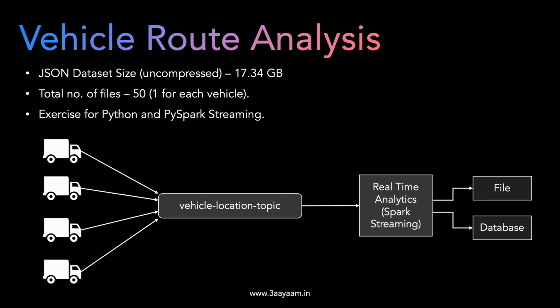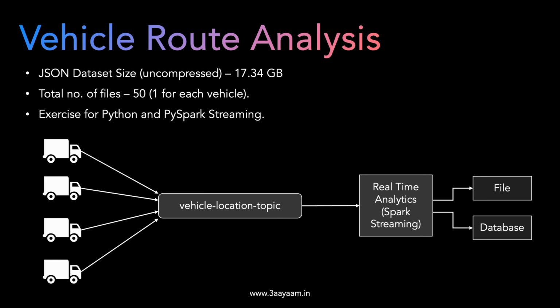Each vehicle would have a GPS tracker. So whatever vehicle you are using, whatever trucks you are using to send any material, petroleum products, retail material, etc., they will have a GPS tracker and they would send their location to a Kafka topic every now and then within a certain time frame.